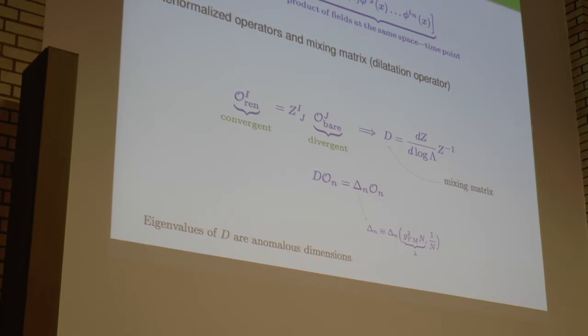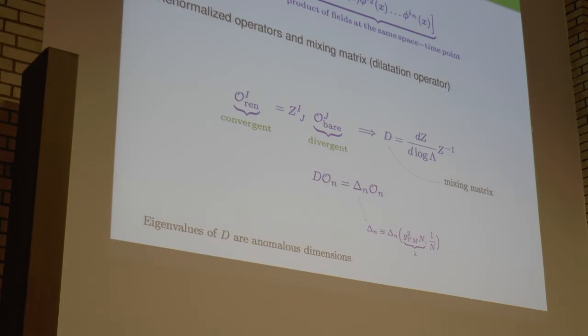Now, when you diagonalize the mixing matrix, that means that you come to the new basis of fields where the two-point function of these fields becomes diagonal. And it means automatically that these fields have a very well-defined dilatation weight. They have a definite conformal dimension.